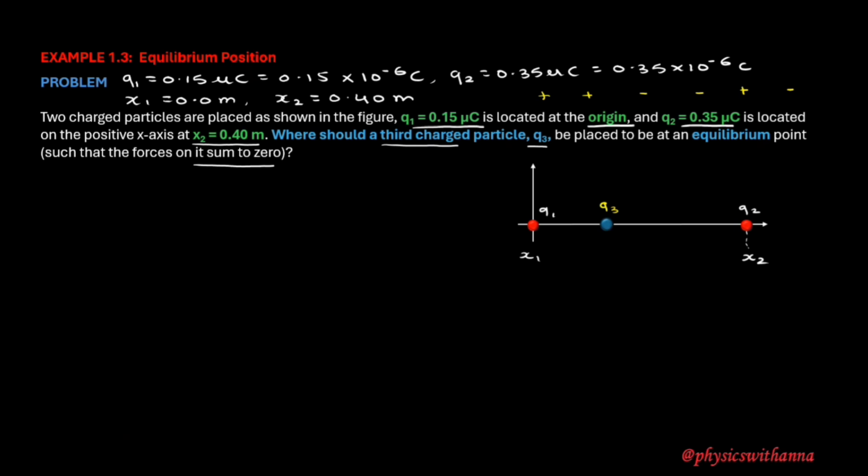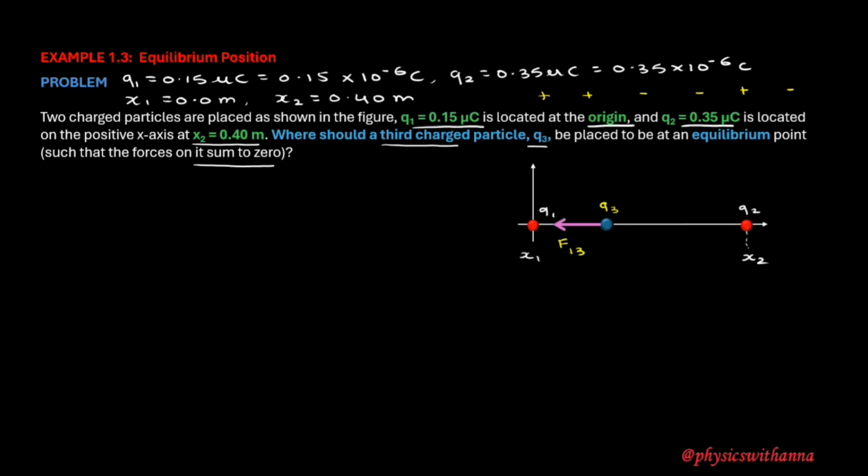So let us sketch all the forces acting on charge Q3. Q3 is negative, Q1 and Q2 are both positive. Because of charge Q1, Q3 will be attracted to Q1, and the force acting on Q3 because of Q1 will be to the left. We will call this force F13.